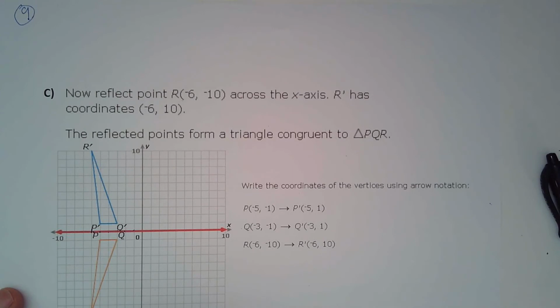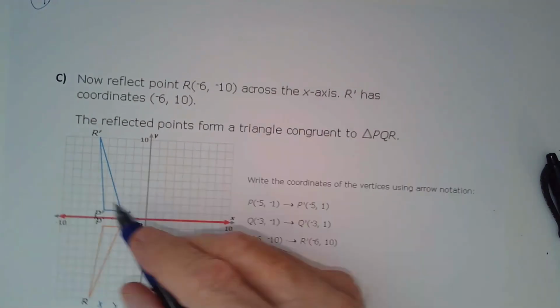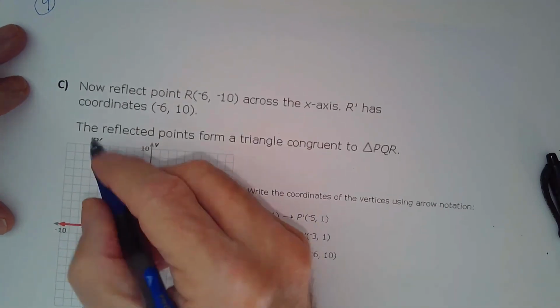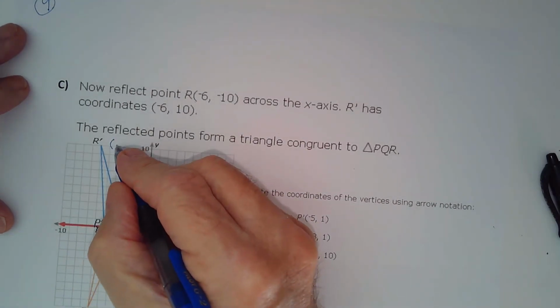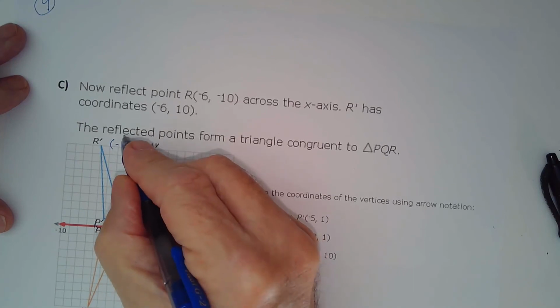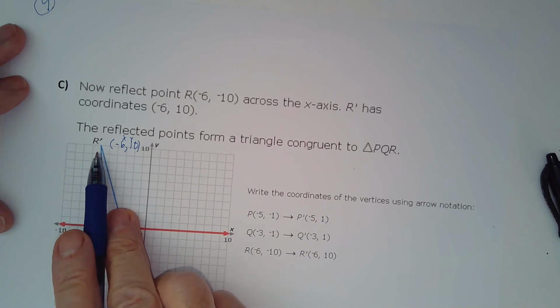So its x is -6, and its y is -10. That's easy because it shows you right there. So -6, -10. So when I move it across here, what happens? The y has to change to +10. So this is x is -6, y is +10. That's the image's reflected point R prime.